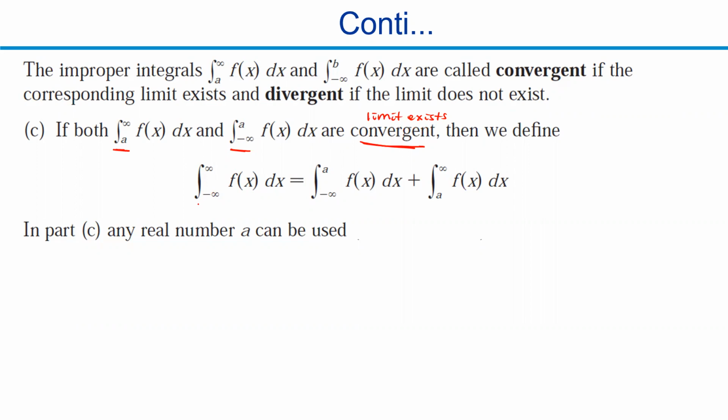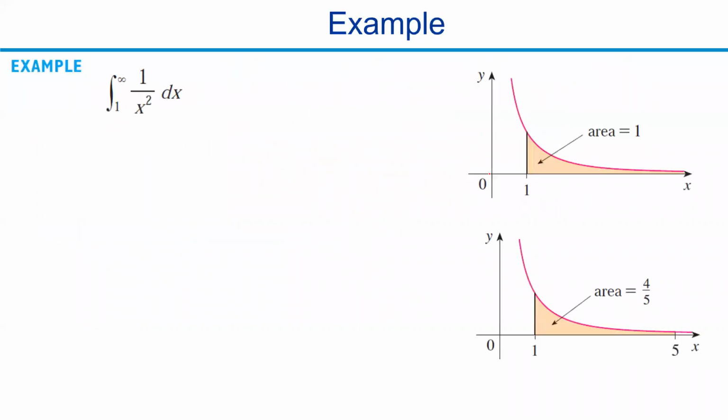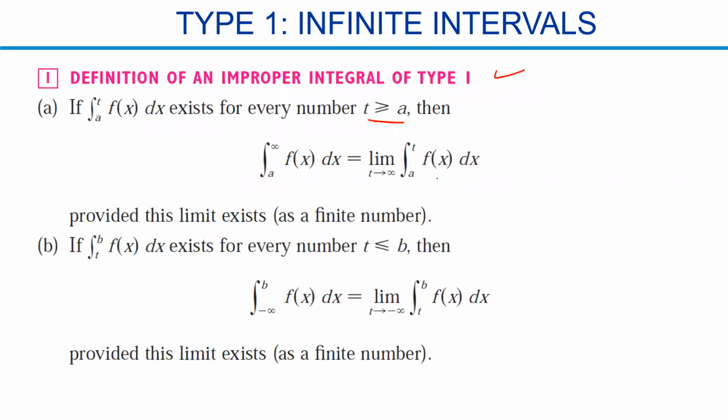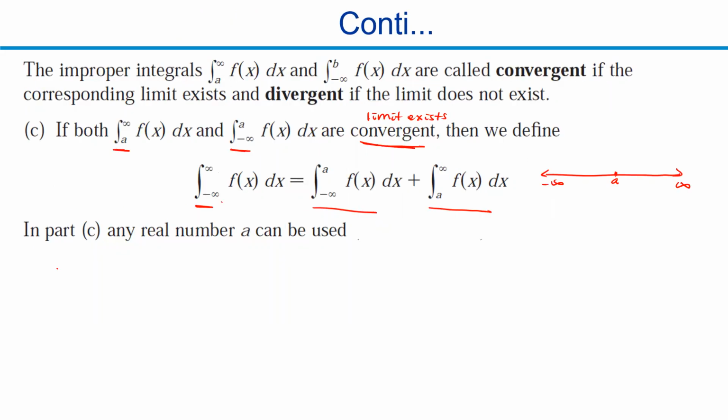Then we define the integral over the infinite interval from minus infinity to infinity of f of x dx. You can divide it, because infinity is like this on the number line. If you take any arbitrary point A in between, you can divide the integral into the integral from minus infinity up to A of f of x dx plus the integral from A up to infinity of f of x dx, which means you can apply the two methods we have here, then add them and obtain a number.